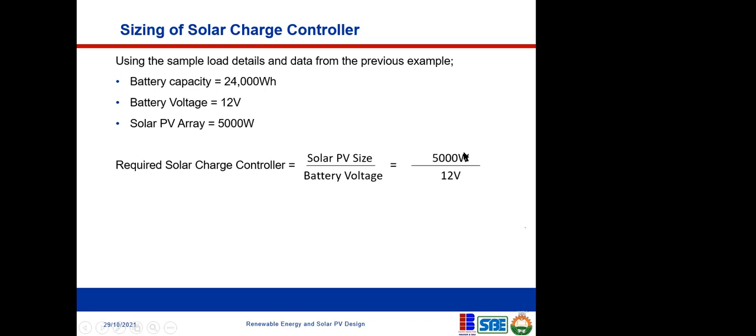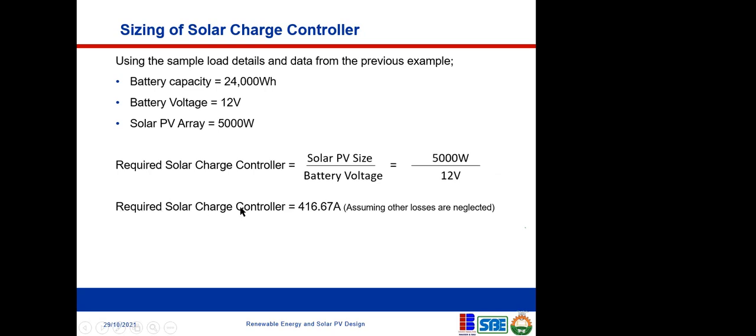Remember that watts equals voltage times current. So if you open it up, the voltage here will cancel out this voltage here, and only amps are left. So your answer comes out in amps, which is the unit of current.